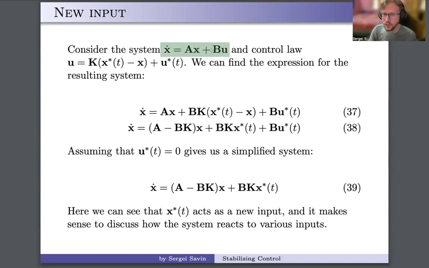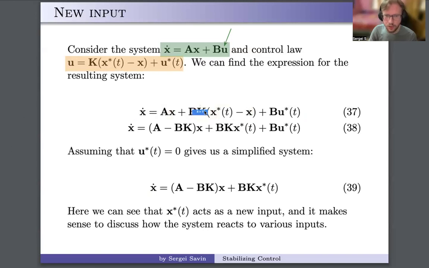So consider this old system. The input here was u, right? We do trajectory tracking control on it. We get u equals K times (x star minus x) plus u star. We substitute here, right?